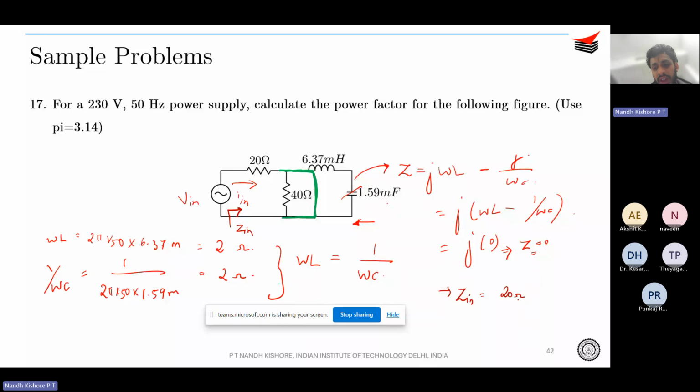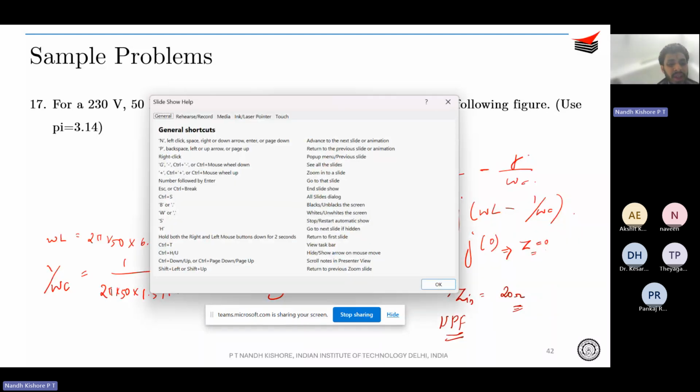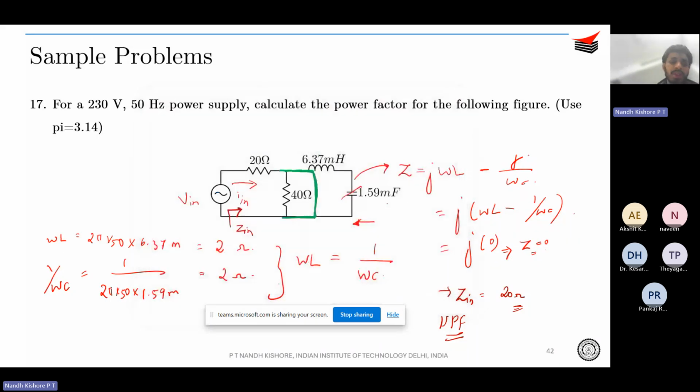So just 20 ohms. So it's a purely resistive input. Therefore, the power factor will be unity, correct? Because omega L and 1 by omega C are cancelling out, and the input impedance is just 20 ohms, so the power factor is unity.